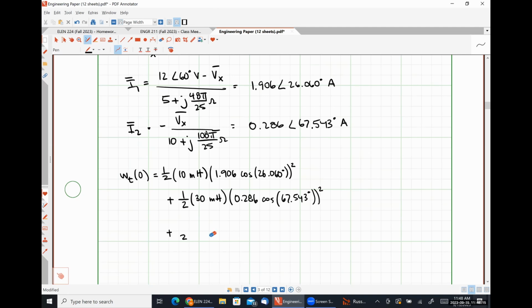Six millihenries. And then we have I1 plus I2 quantity squared. Now I believe fundamentally that I should be able to just add this expression plus this expression and then square them.